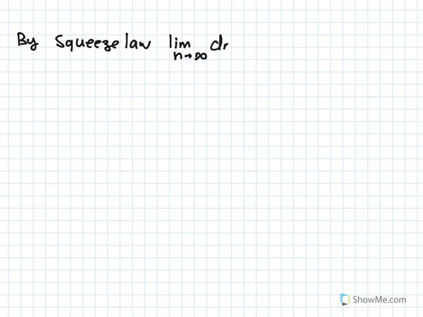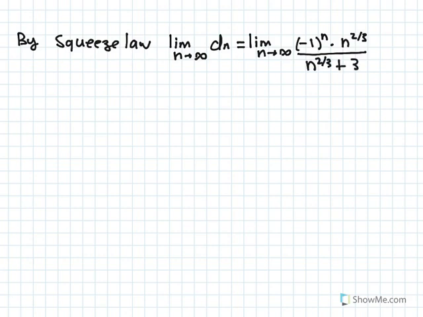All right, so we can say that by the squeeze law, the limit as n goes to infinity of dn is equal to the limit as n goes to infinity of (-1)^n times n^(2/3) divided by n^(2/3) + 3n, which is equal to 0.